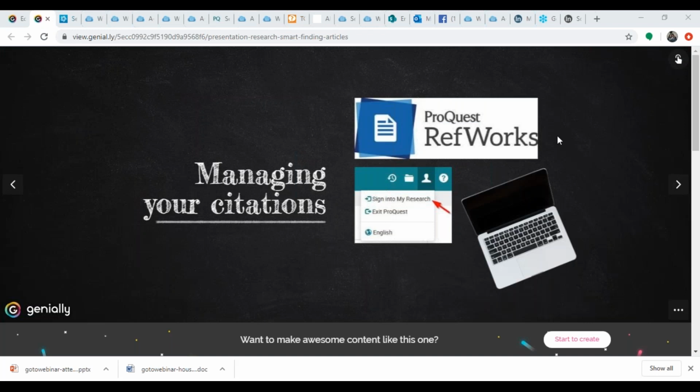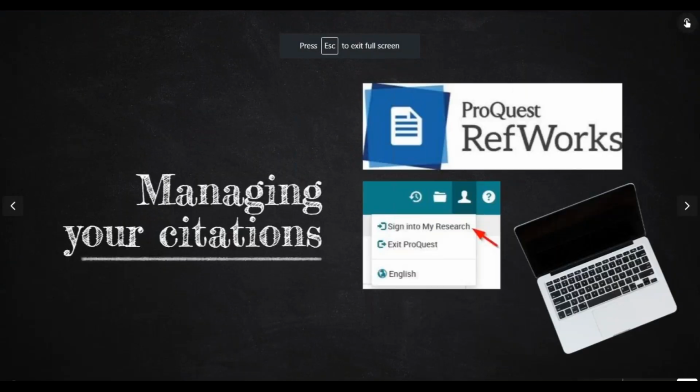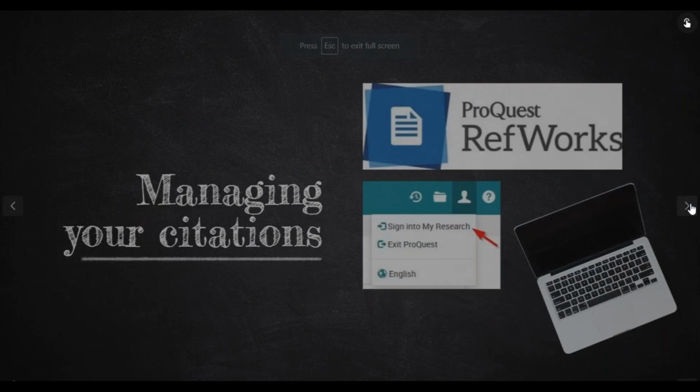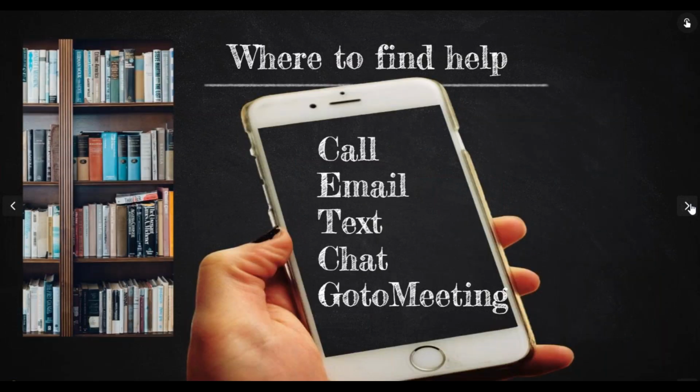All right. If you ever have questions about managing your citations, certainly you can also contact the library and we can help you with that as well. And speaking of help, there's lots of different ways that you can get it in the library. You can call us, you can email us, you can text us, you can chat with us.